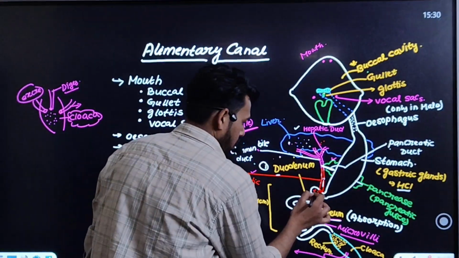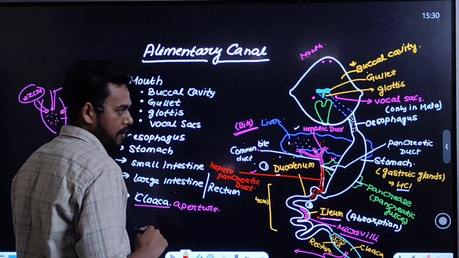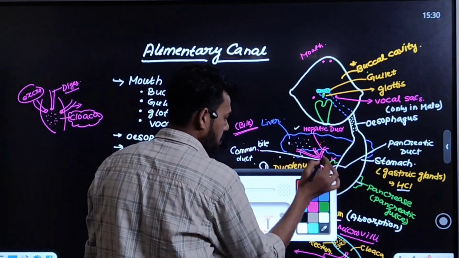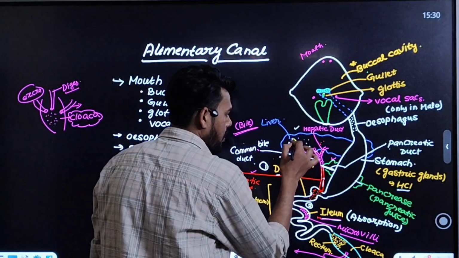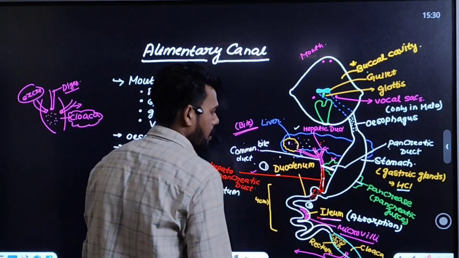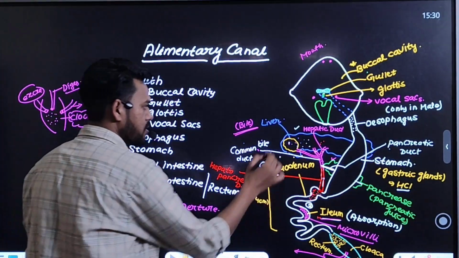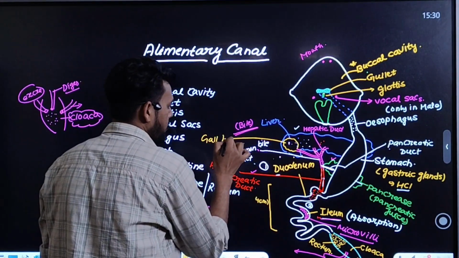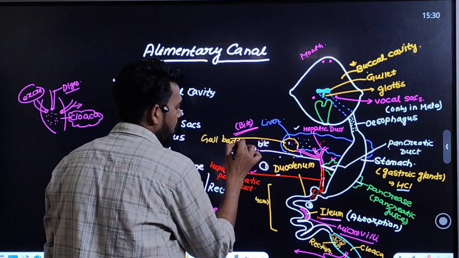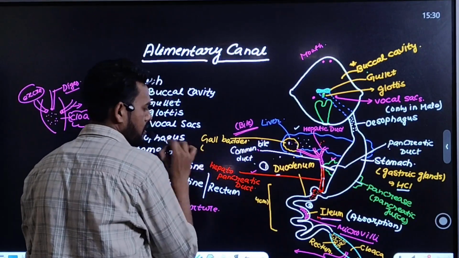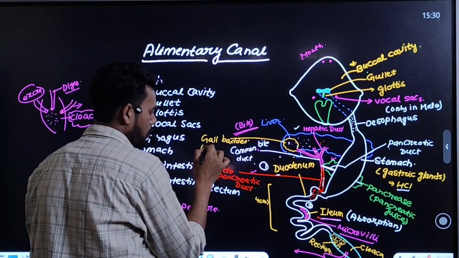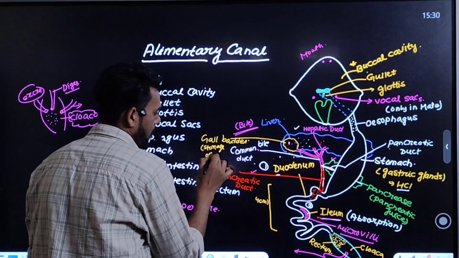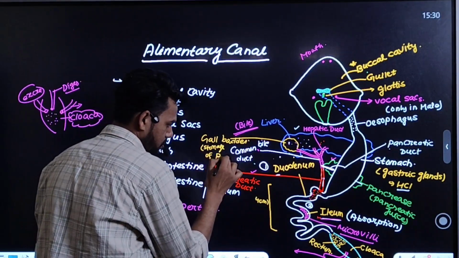One more thing, there is a sac-like structure present just around this liver. This sac-like structure is called the gallbladder. It is the site of storage of bile juice.